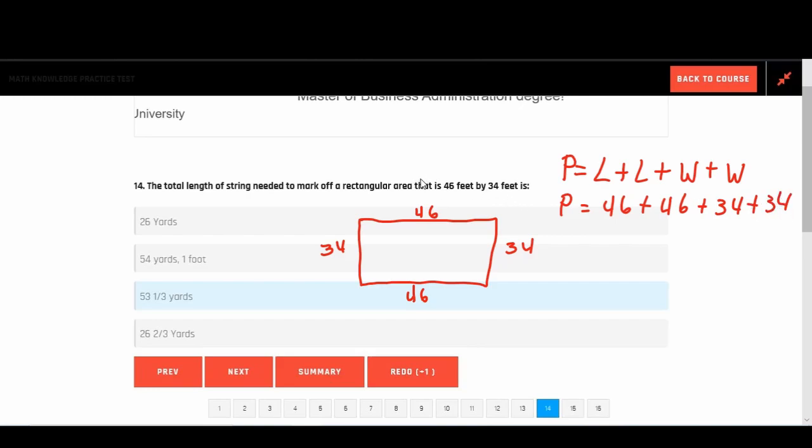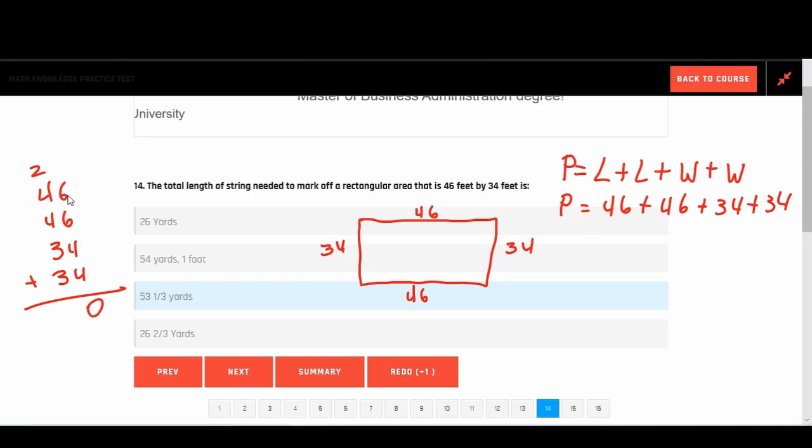Okay, let's go ahead and work this out to the side. 46, 34, 34. 6 plus 6 is 12, plus 4 is 16, plus 4 is 20.